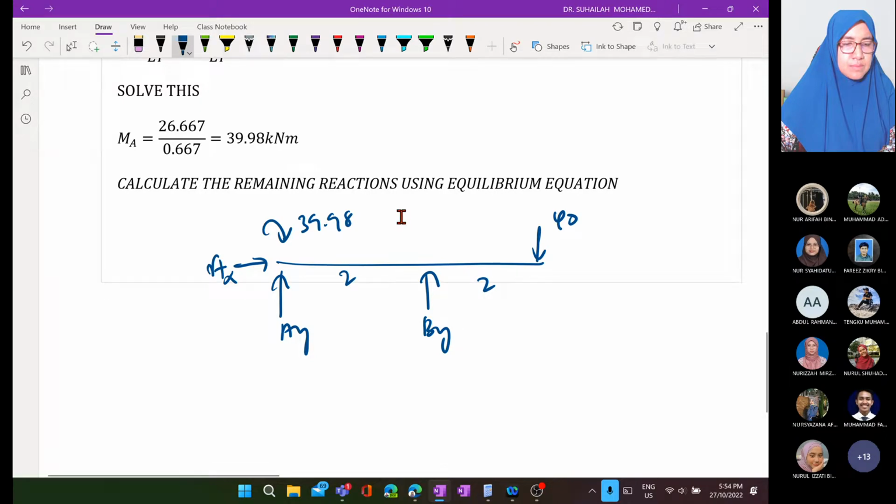So continue to calculate the remaining 3 unknown reactions using the equilibrium equation. I believe everyone should know how to calculate them. Right? Everyone can calculate the remaining reactions? Yes, doctor.